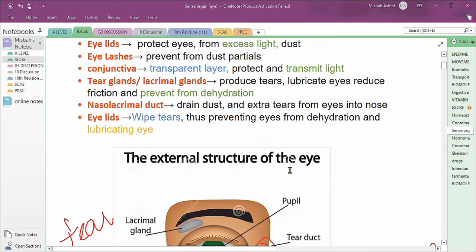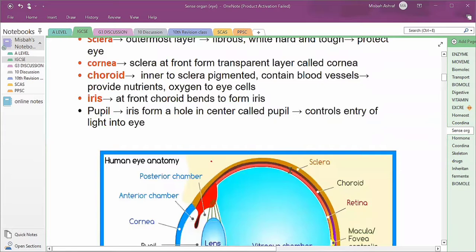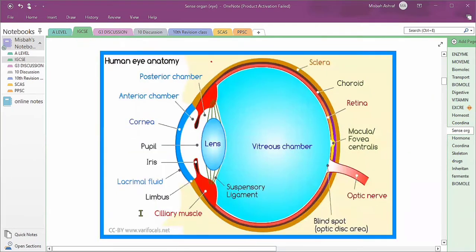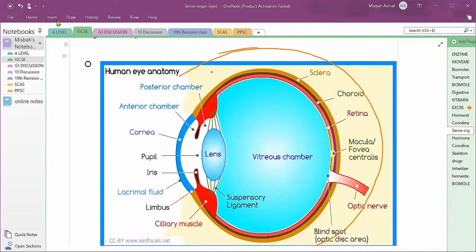Now we are going to see the internal structure. But before the internal structure, let's see, this is overall the eye, right? And this overall eye is located in the hollow part of our skull. That hollow part is known as the socket. This overall eye is located in the socket, which is the bony part of our skull. You may write it down somewhere.